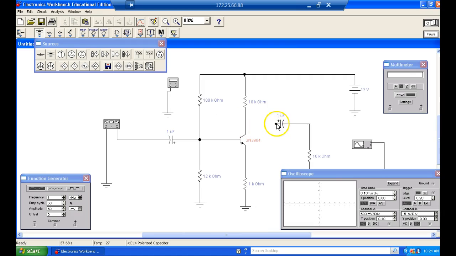This is fun to do with a mouse, guys. So what do you notice about the voltage on the base and the voltage on the collector? They are exactly the same. Exactly the same. 1.6637 volts.